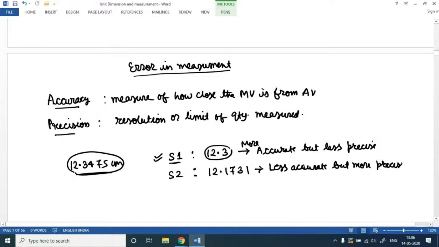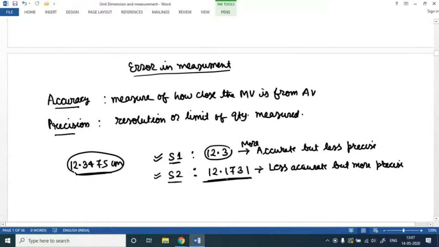Looking at the precision, you can see this reading has a greater number of figures. We will later learn that these are significant figures. So student two has reported his measurement in more significant figures. So basically he must be using some sophisticated measuring instrument having a smaller least count.